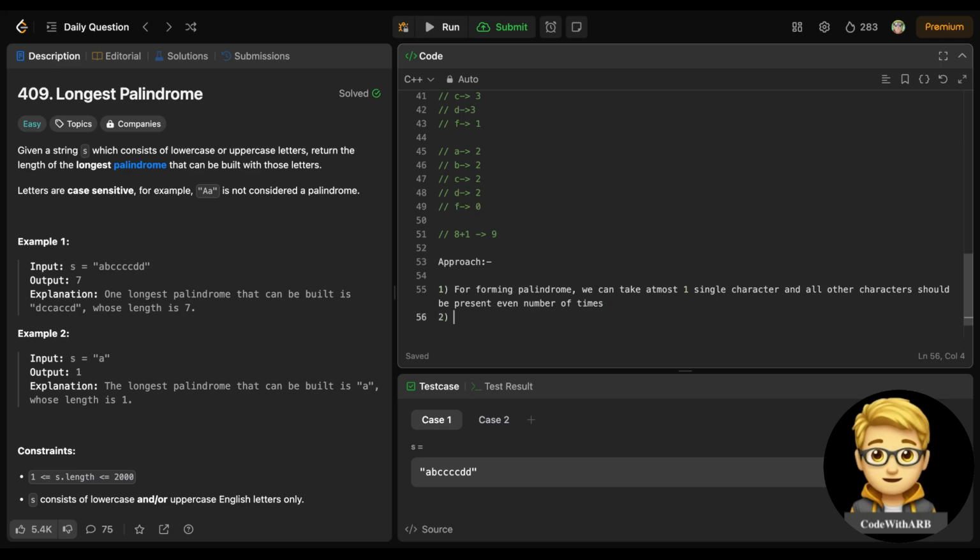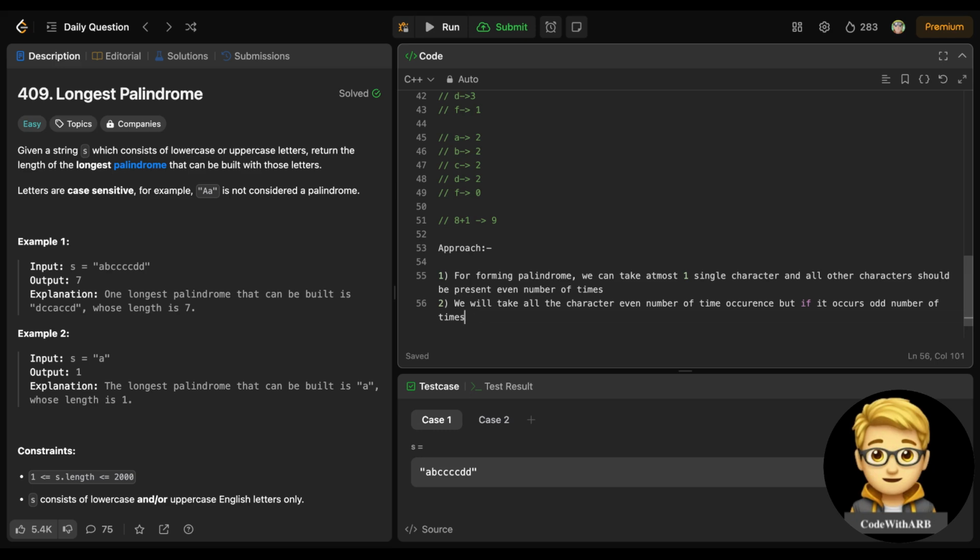Second, what will we take? We will take all the characters with an even number of occurrences, right? What if it occurs an odd number of times?